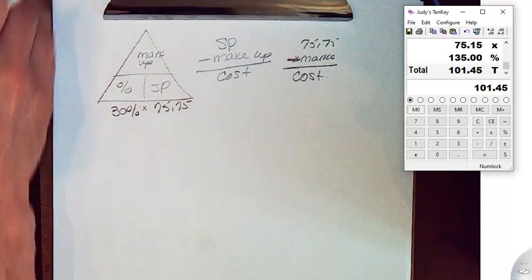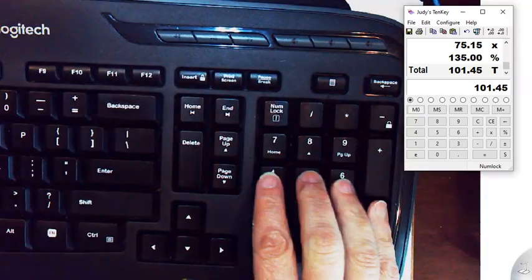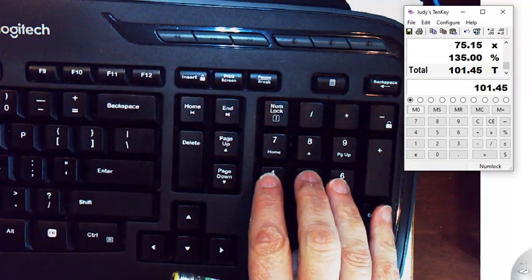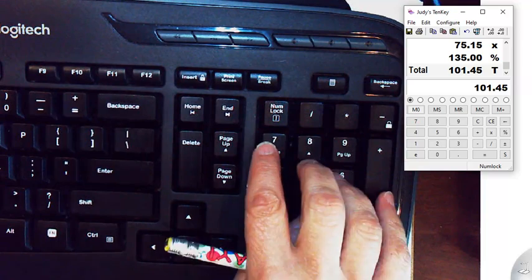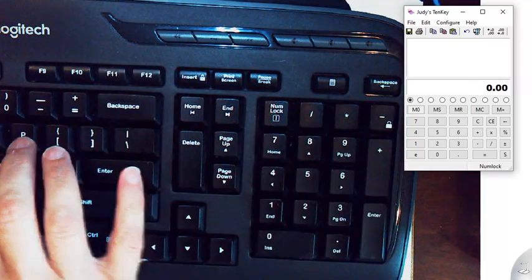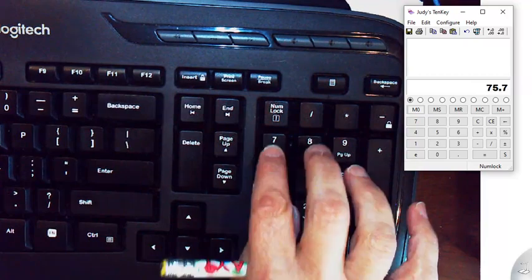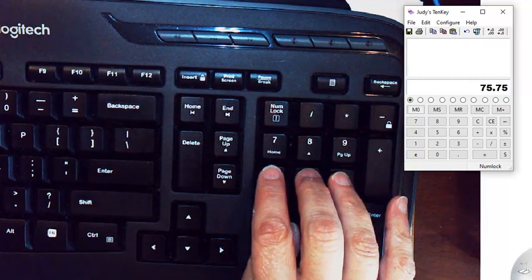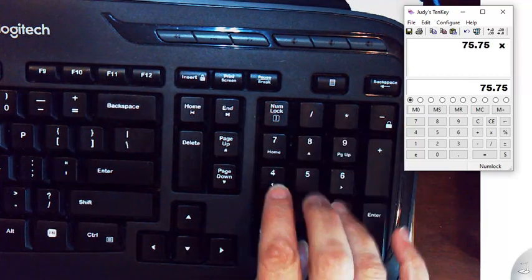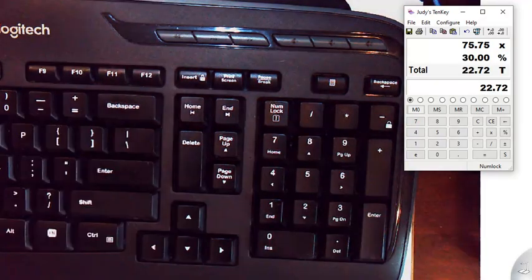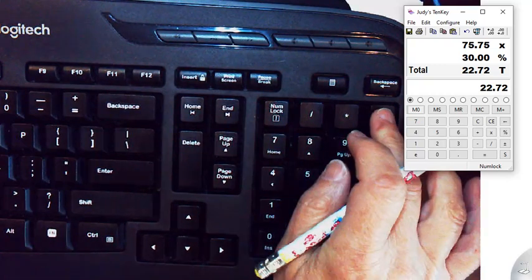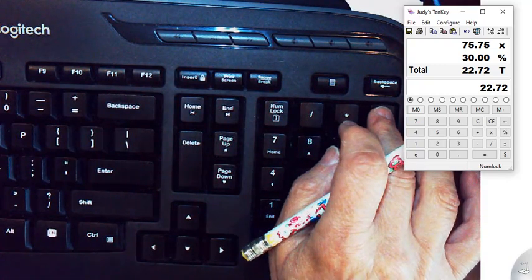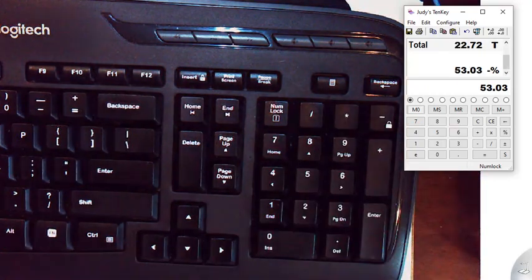Okay? So I'm doing number 26, so 75.75 times the markup rate, 30%, so it's marked up $22.72. So I'm going to subtract the markup from the selling price, so my cost is $53.03.